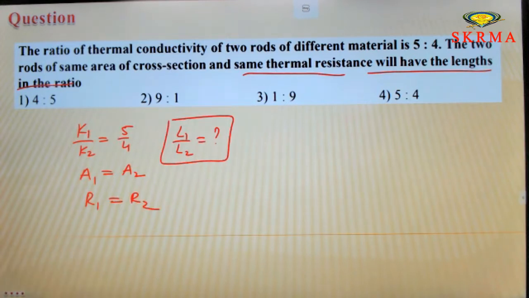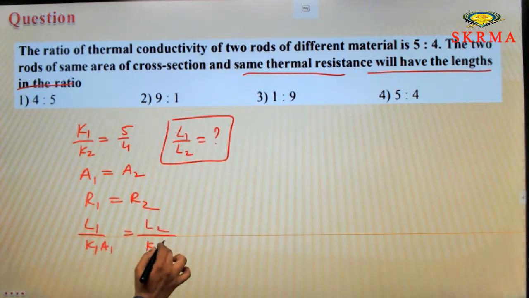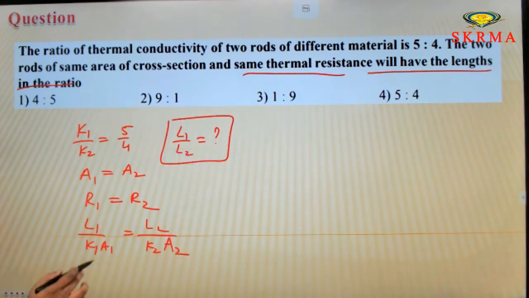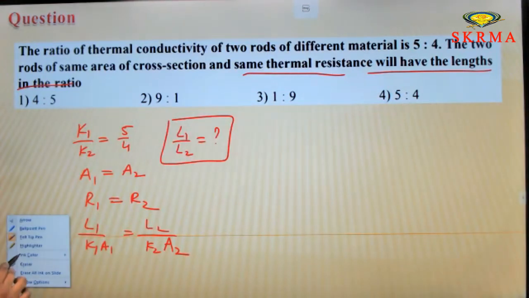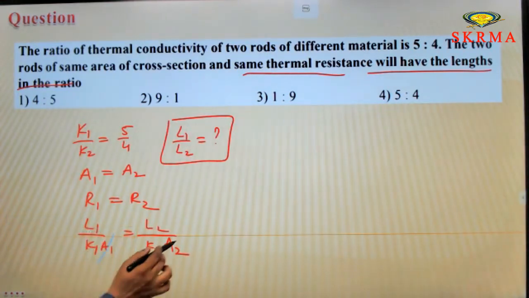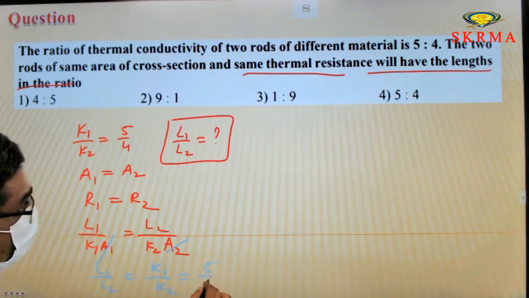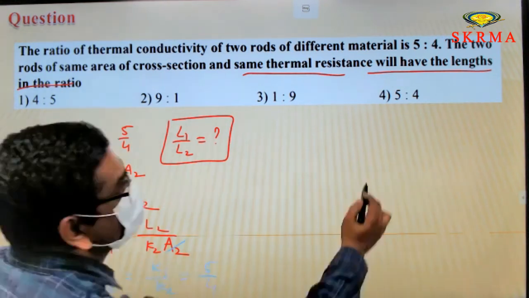Now, thermal resistance formula L by Ka. So L1 by K1 into A1 equal to L2 by K2 into A2. So areas are same, so that you can cancel area on both sides. Now, length ratio can be written as L1 by L2 equal to K1 by K2, five by 4.